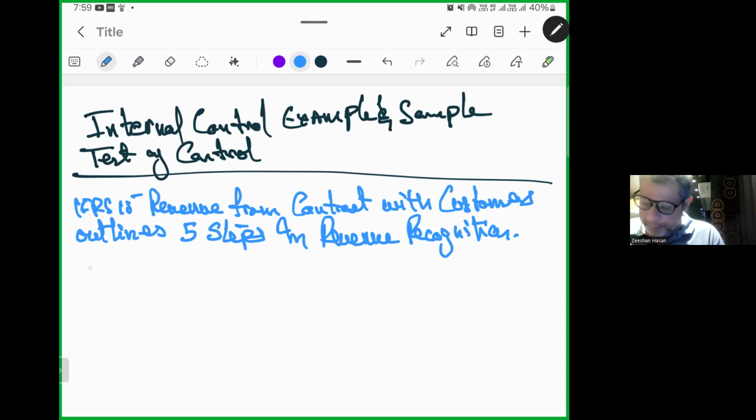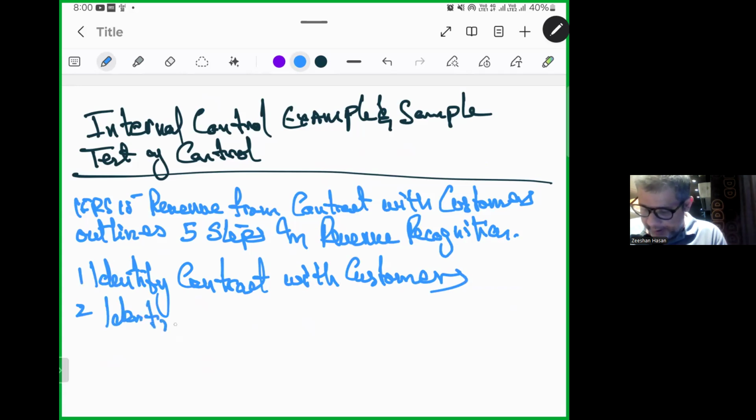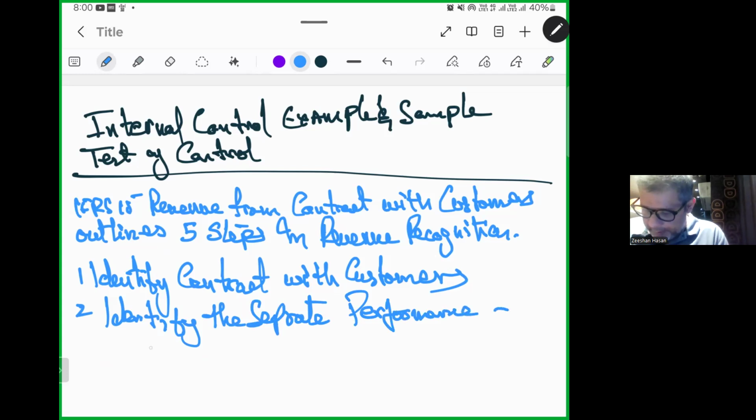Step one is to identify the contract with customers. Step two, identify the separate performance obligations.